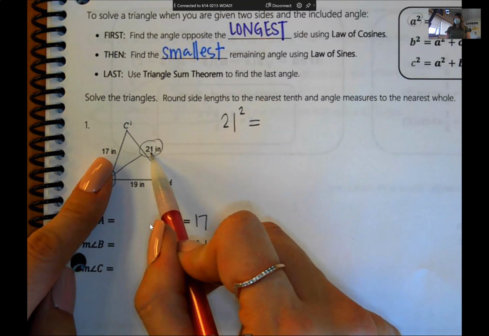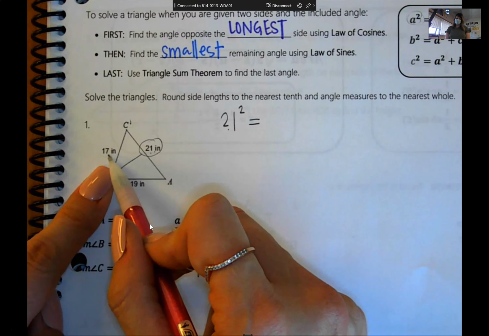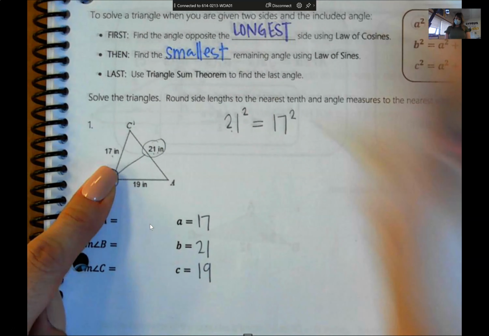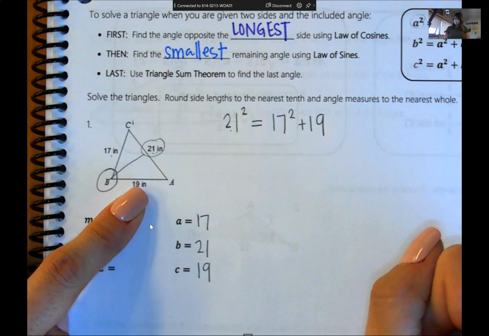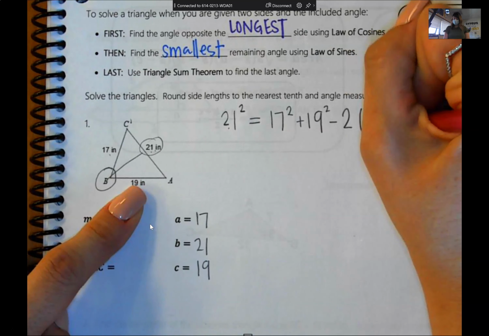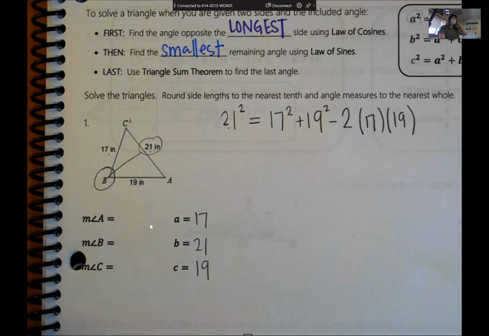So if we have this number written down on the left-hand side, then what we write down next is 17 squared plus 19 squared minus 2 times those same sides. So we talked about that last time.